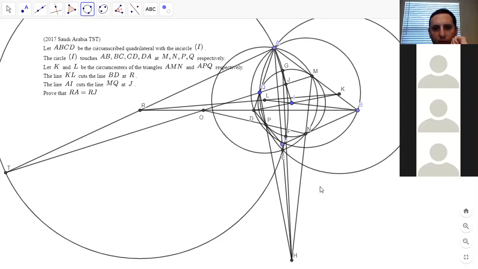So we want to show FG is the polar of R. Can we find another point on that and show it lies on the polar?